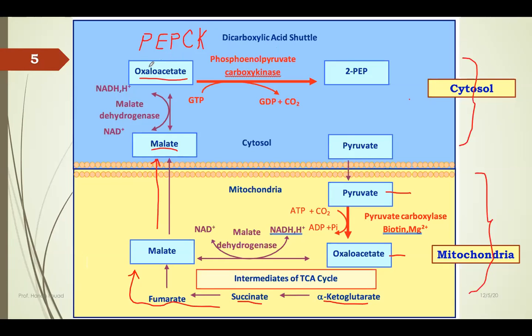It converts oxaloacetic acid into PEP, phosphoenol pyruvic acid. PEP is an intermediate molecule inside glycolysis. When I reach glycolysis, I can reverse glycolysis and go in the opposite direction of the enzymes to synthesize glucose. This enzyme performs decarboxylation and utilizes guanosine triphosphate.